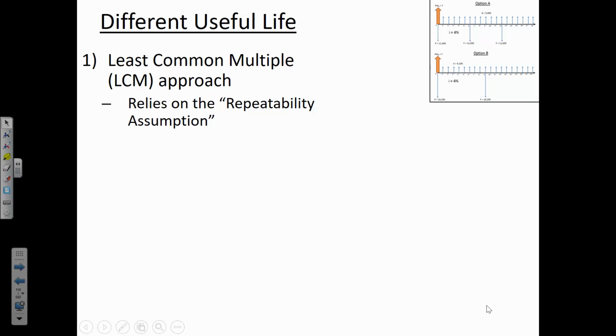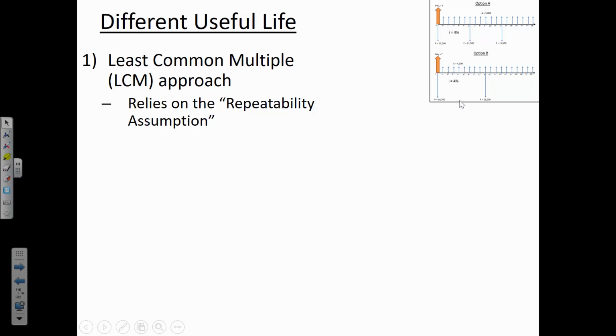All right. Now let's revisit the three methods we learned last time to handle cash flow diagrams that have a different length. The least common multiple approach was one of those methods. It said that if we have two cash flow opportunities of a different length, let's just repeat them until they both terminate in the same year.